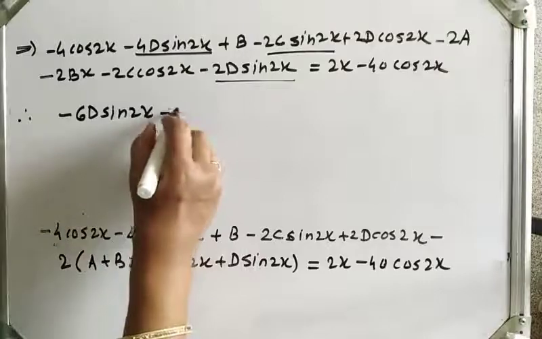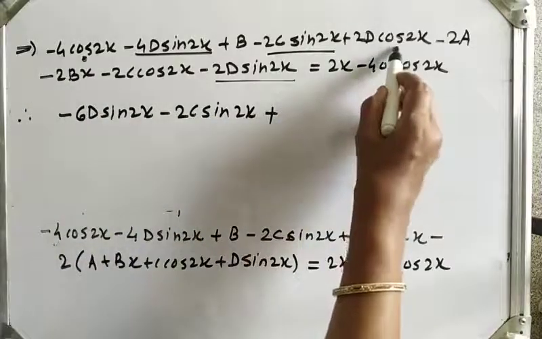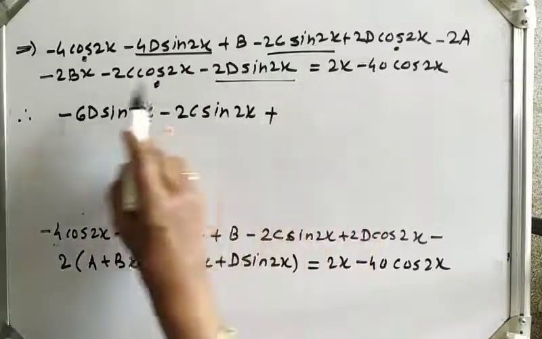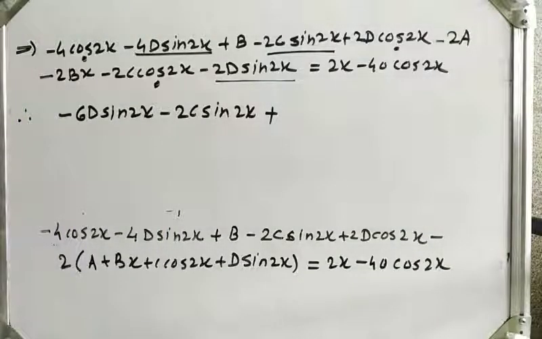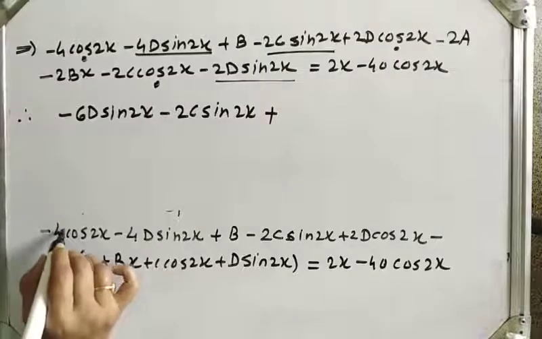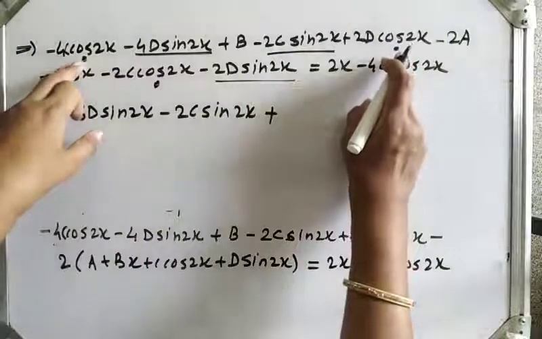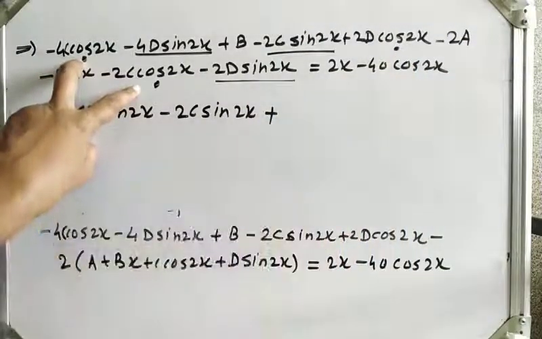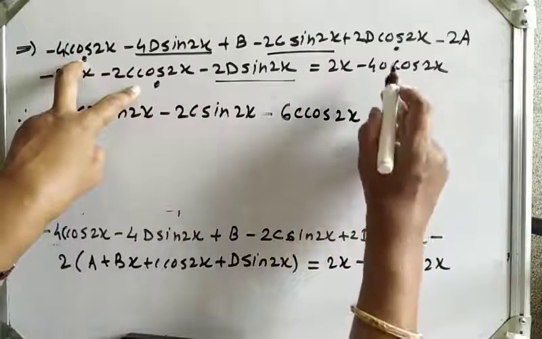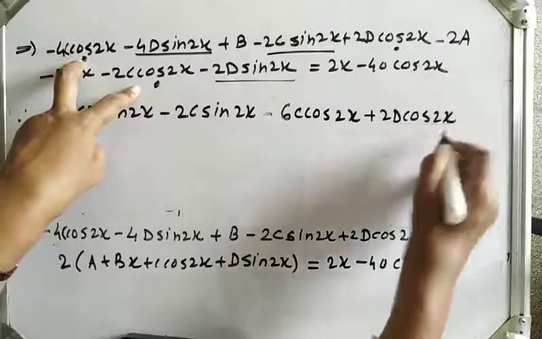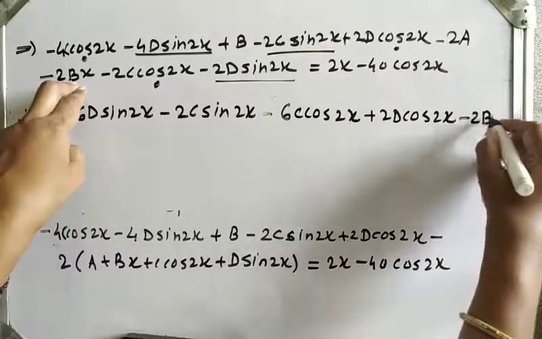sin 2x minus 2c sin 2x, plus terms of cos 2x. Combining the terms of cos 2x, it is minus 4c minus 2c, that will be minus 6c cos 2x, then plus 2d cos 2x. Then the term of x, only one, minus 2bx.